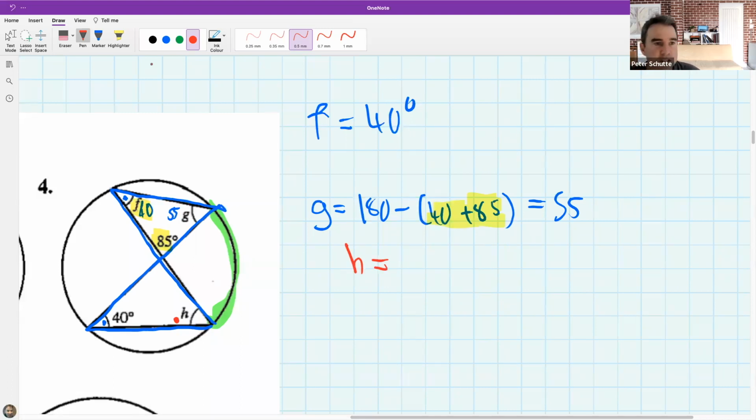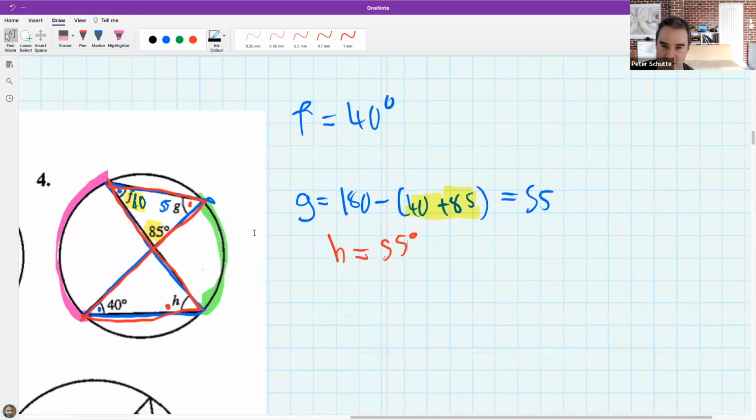I agree with you, Umta. Because of the butterfly, I can see that relationship. This one over here must be the same as that one over there. And so H is indeed 55 degrees. Well done. We're getting some harder ones now, huh? Well done, everyone.